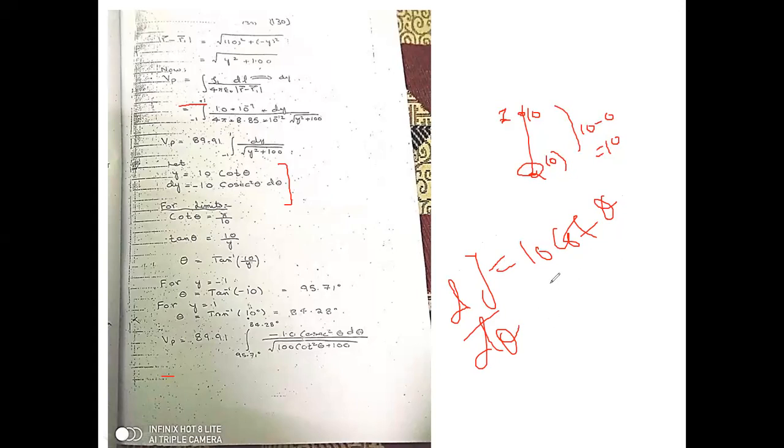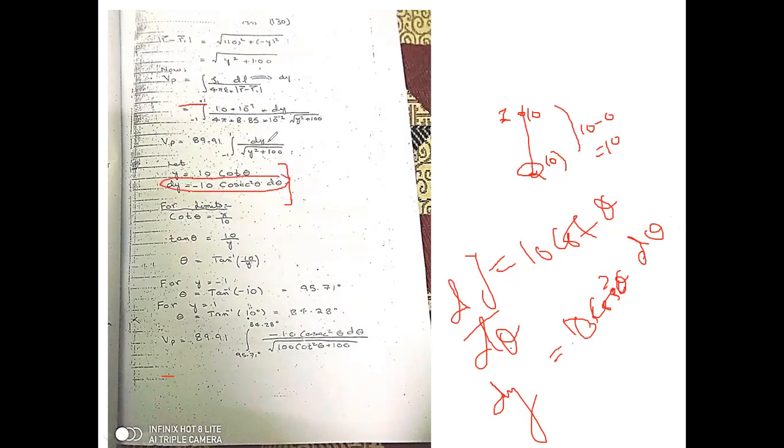The derivative of cotangent will be minus cosecant square theta. So this is 10 cosecant square theta. Multiplying d theta on both sides, we will get dy is equal to minus 10 cosecant square theta d theta.